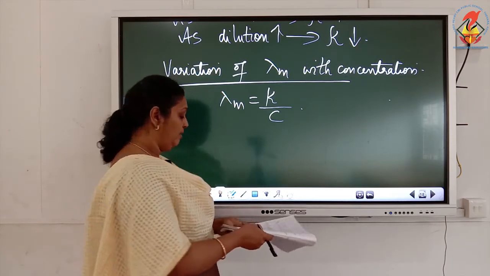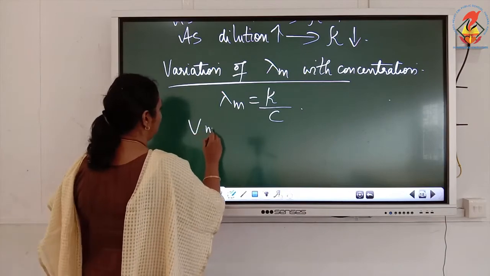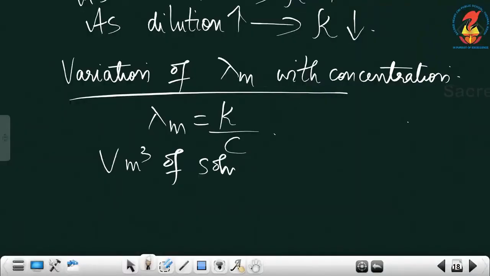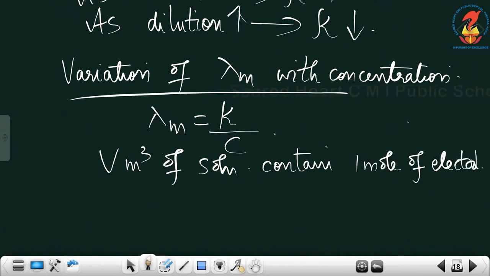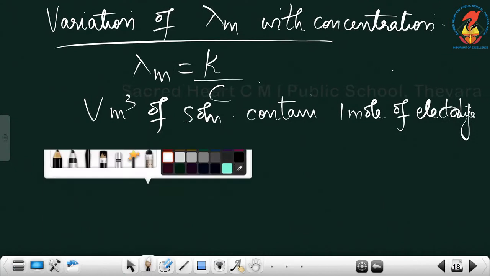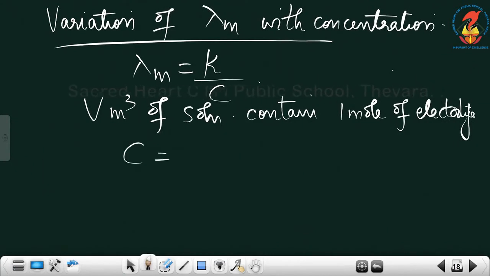So suppose V meter cube of solution contains 1 mole of electrolyte. Then the molarity C is the number of moles of solute divided by the volume of solution.